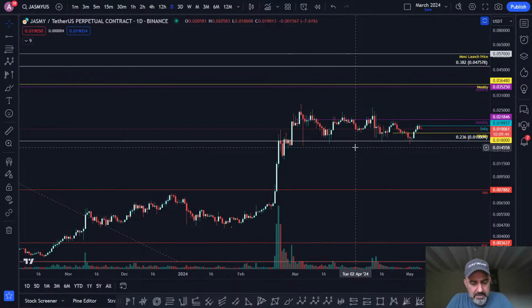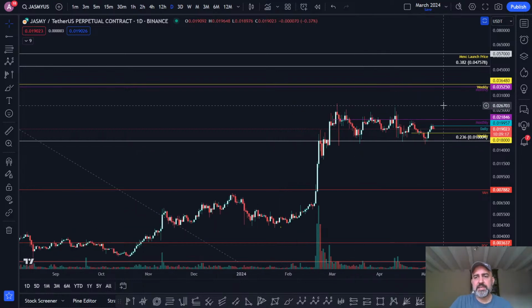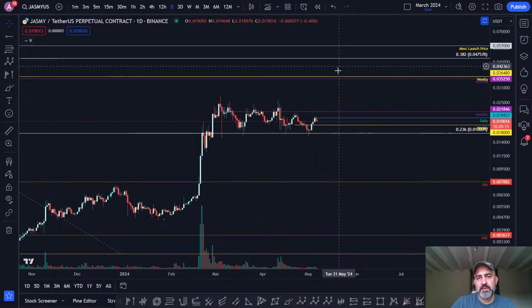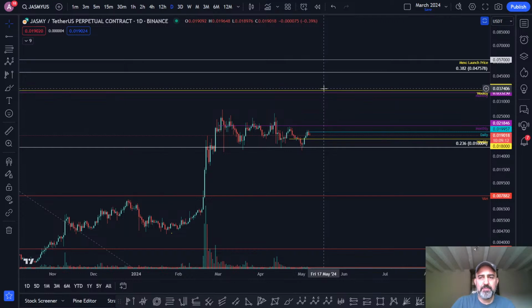Even though there's resistance above us, it's possible that the price can flip that into support, but you're still into resistance.